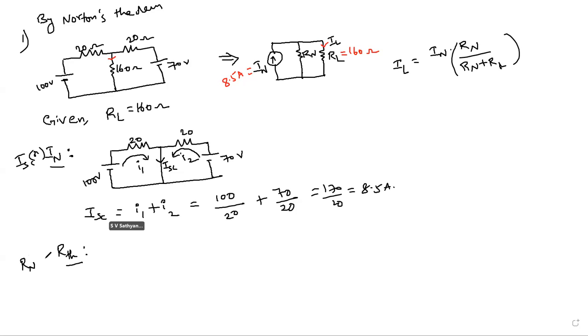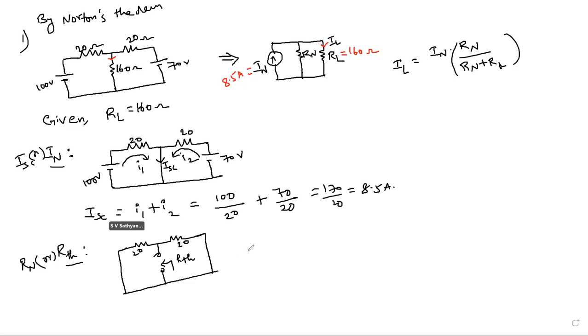Now our next step is to calculate RTH or RN, both are the same. What is the procedure to calculate RTH? The same as whatever you did yesterday. The first step is the load resistance is opened and the sources are replaced with their internal resistances. Here no internal resistance is given, so the voltage sources are converted into short circuits. 20, 20.